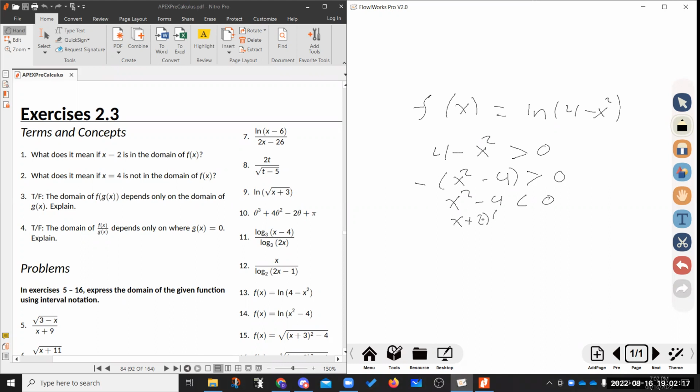X plus 2, x minus 2 needs to be less than 0. Here's our number line, -2 and 2. Positive, negative, positive. Need less than 0. In circles. In here, my domain is going to be -2 to 2.